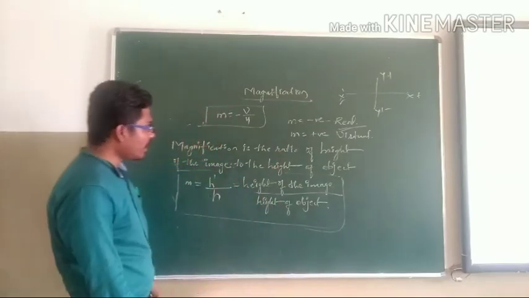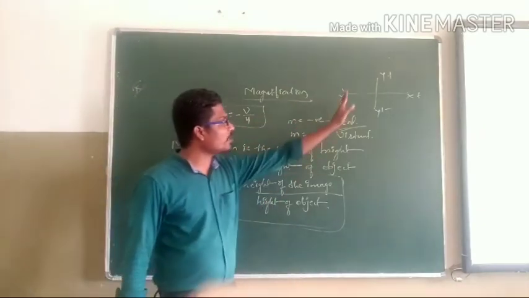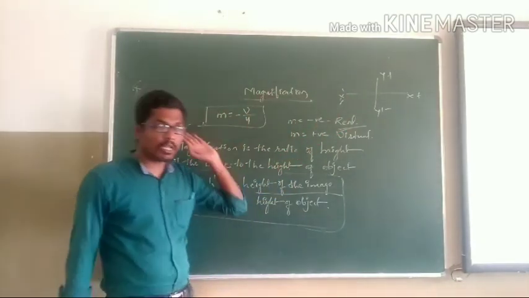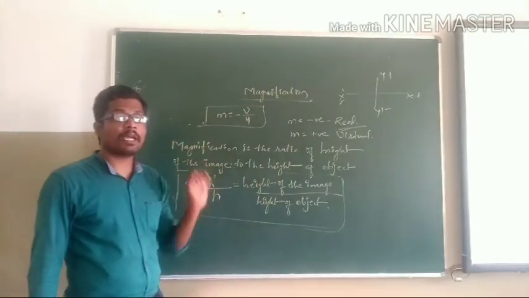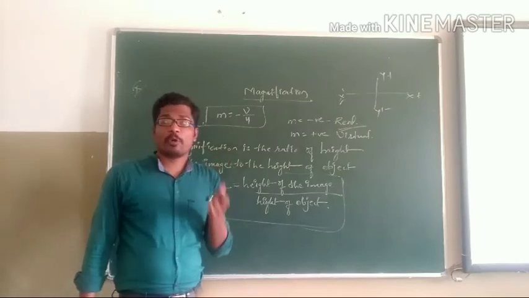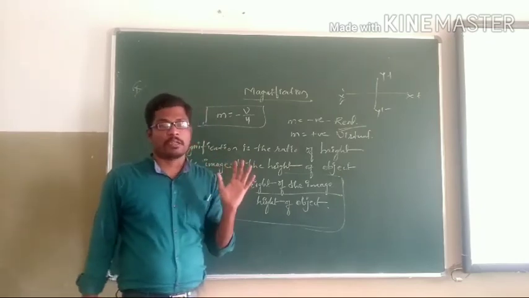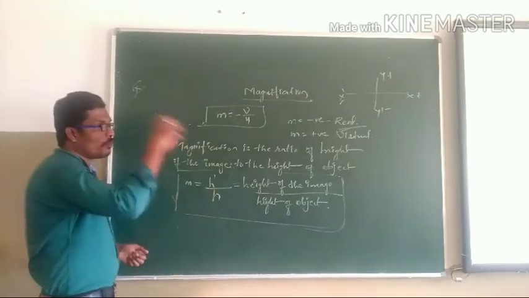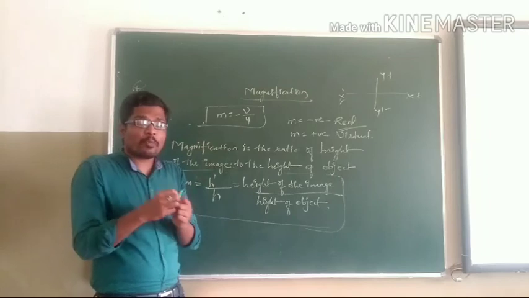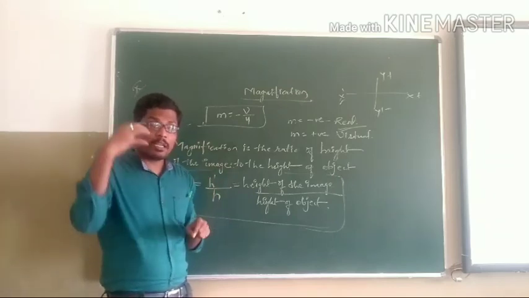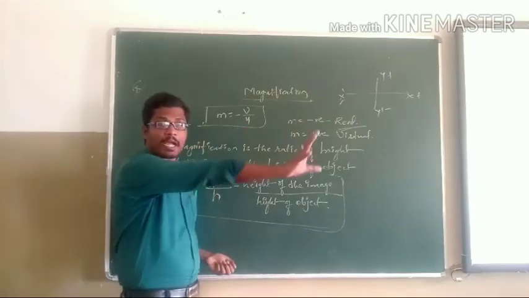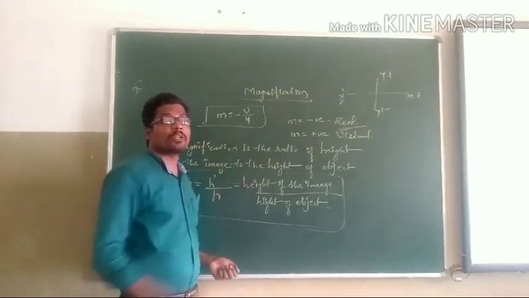So if the magnification comes negative, it means towards the left, where the rays of light actually intersect each other at a point. And when the rays of light appear to come from a particular point and intersect in an imaginary way, then that point is always behind the mirror; that is virtual.